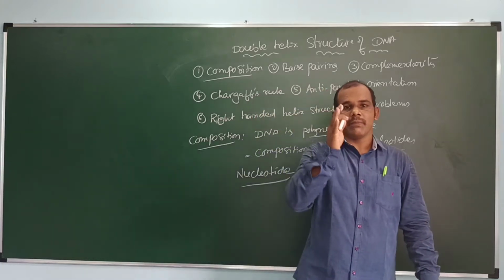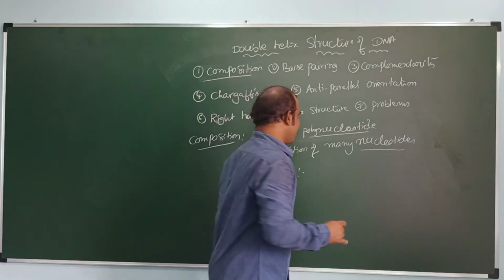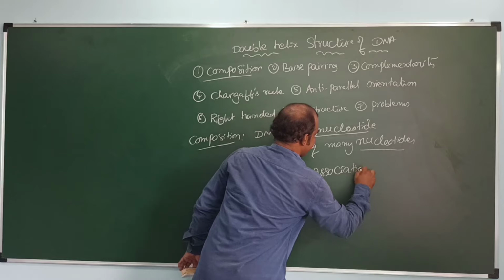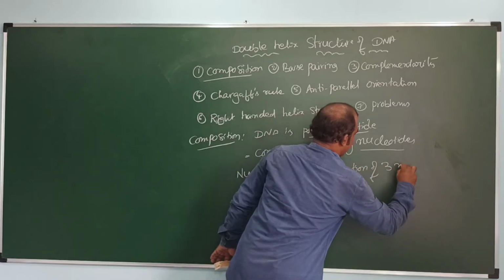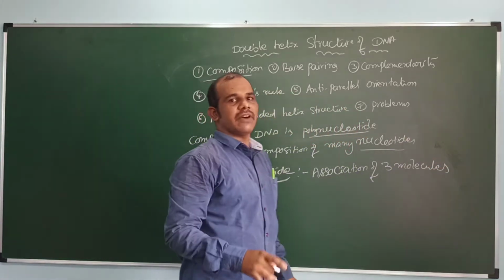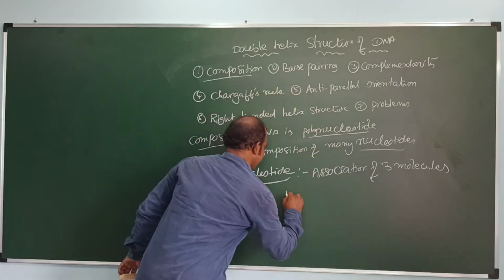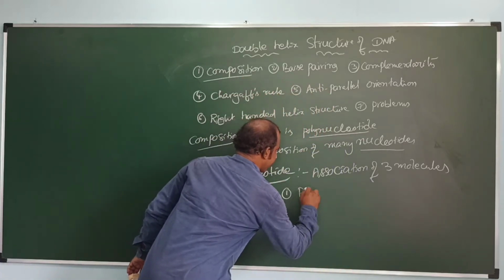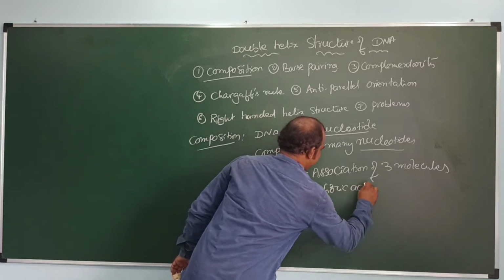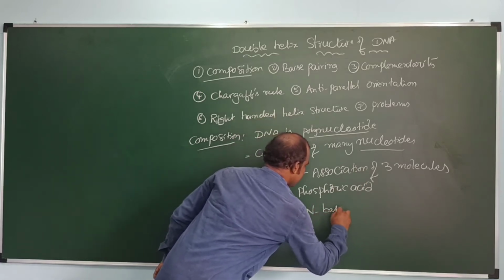The association of three molecules is known as nucleotide. What are those molecules? The first one is phosphoric acid. The second one is nitrogen base.